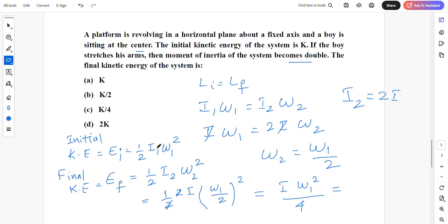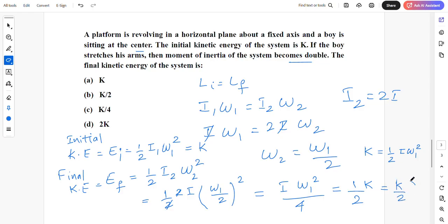That is the same as, let me call the initial kinetic energy K, 1 by 2 of K, where K is 1 by 2 I omega 1 square. Hope you understood.